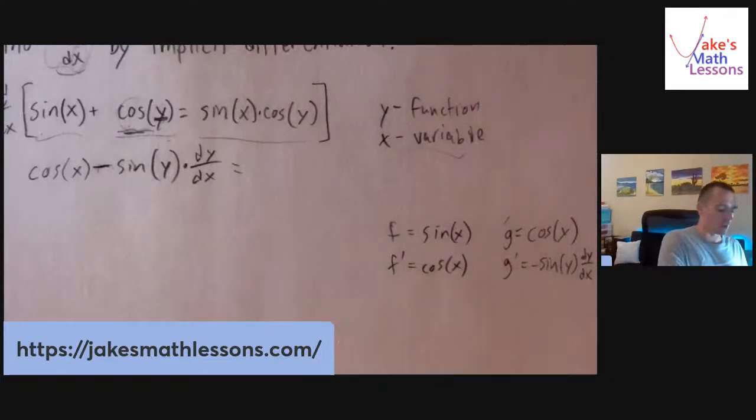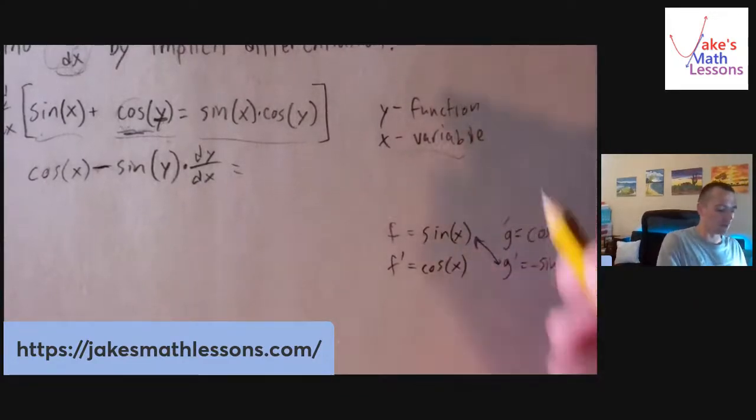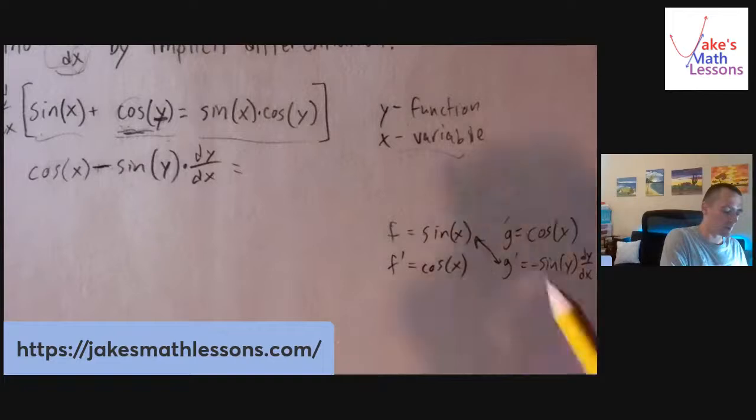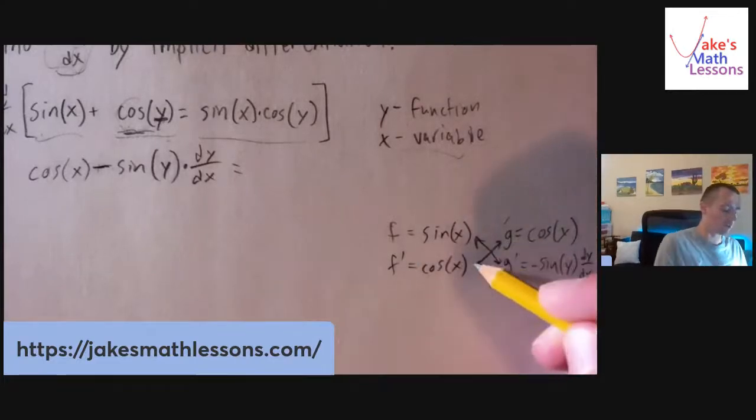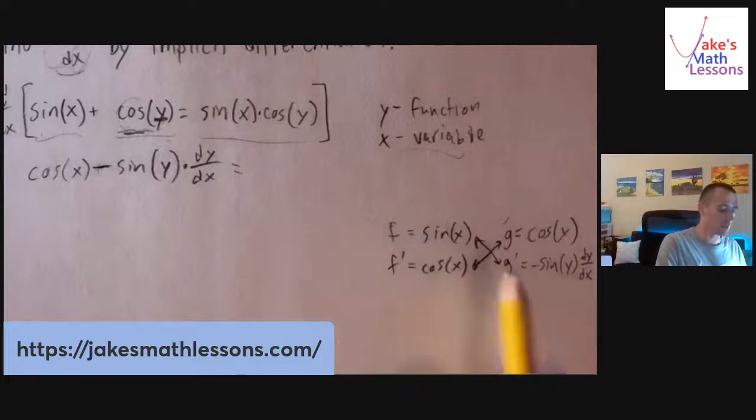All right. So now the product rule says that we're going to basically have to cross multiply these. So we do the derivative of one function times the original of the other one, and then add those together. So f times g prime, f prime times g is going to give us sine of x times negative sine of y dy dx.